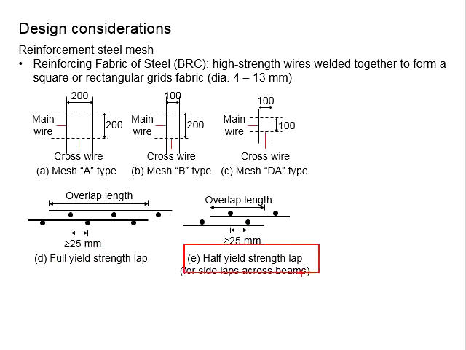Let us cater for the half yield strength lapping. You are referring to the first crossing reinforcement, and there should be a minimum distance of more than 25 mm between the two crossing reinforcements.